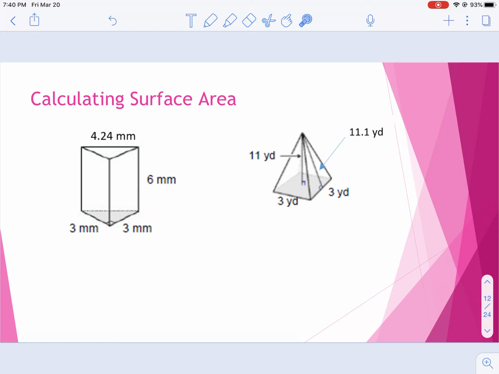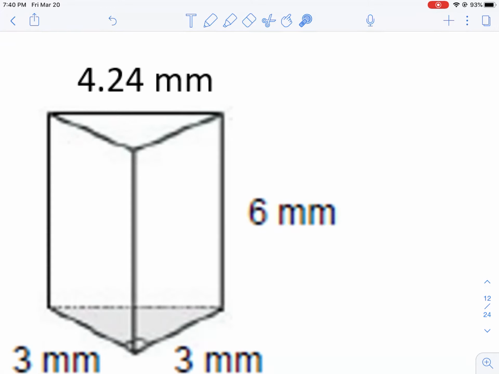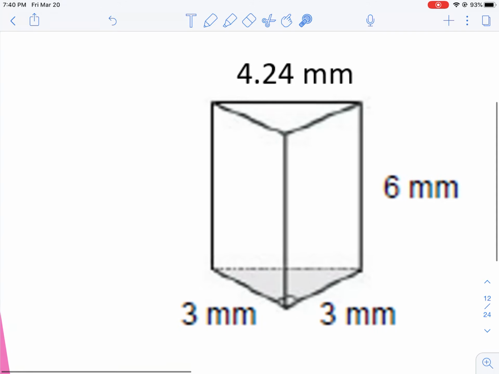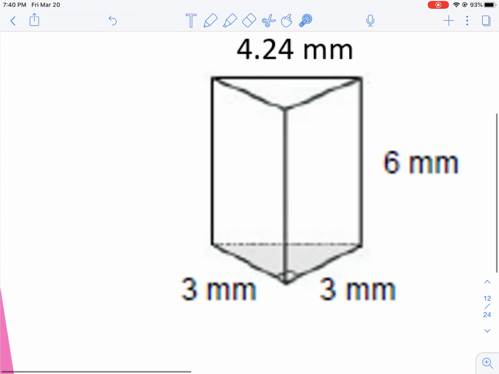So 2 strategies for solving this, and maybe I'll try to do both. One is to draw a net of this object. The other is just to break it down by parts. So I'm going to do it by parts first.